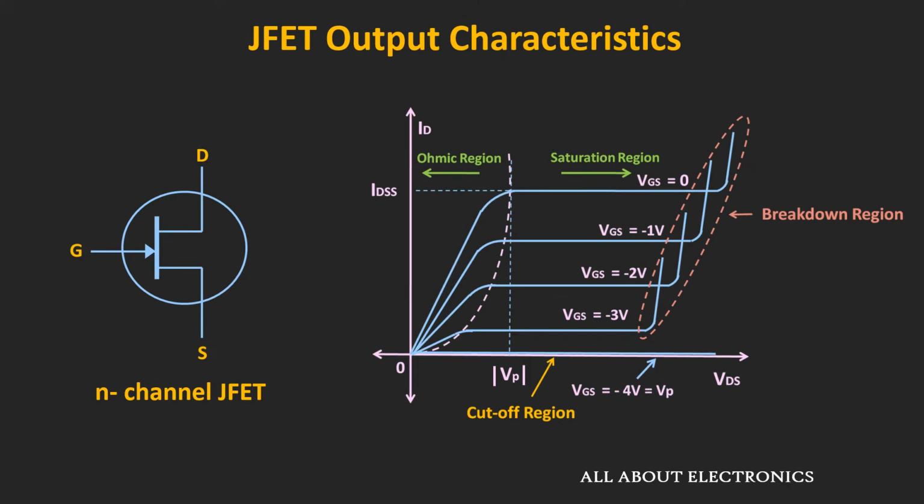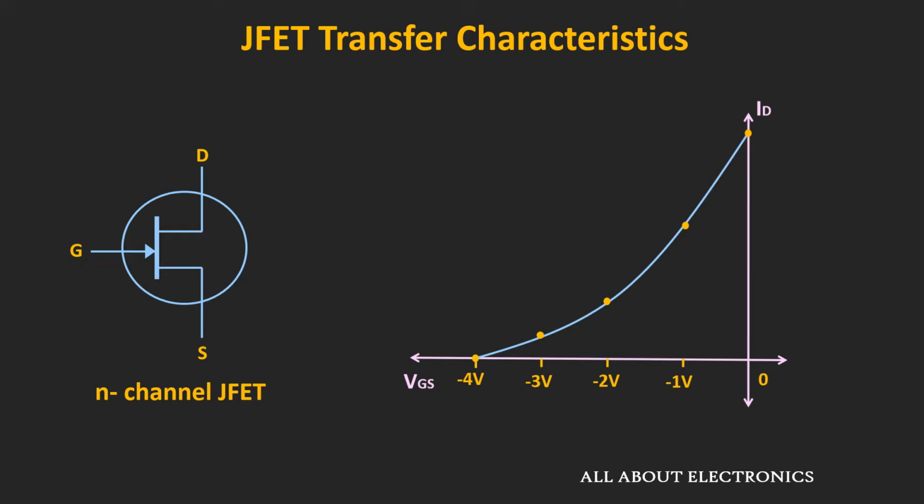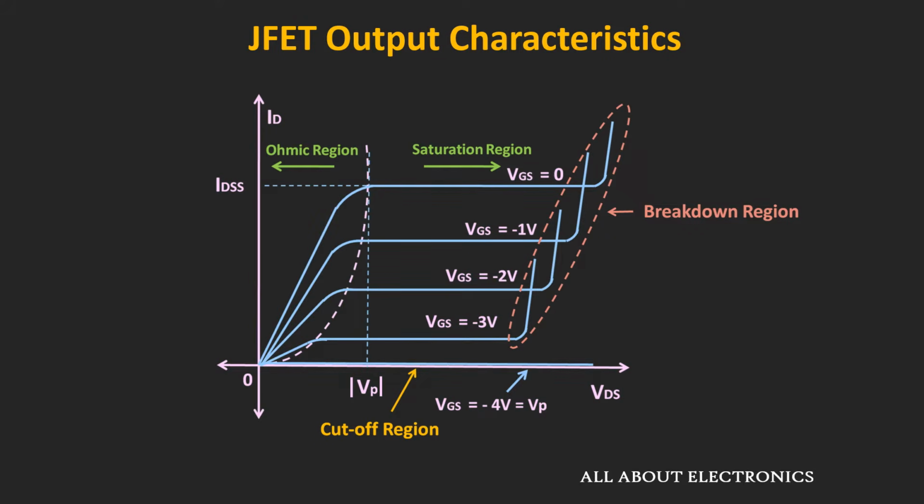In the previous videos, we had seen the output and the transfer characteristic of the JFET. And then we had discussed the different regions of operation for the JFET. For example, whenever the JFET is operated in this particular region, then it is known as either ohmic or triode region of operation.